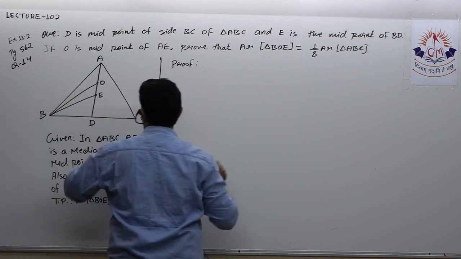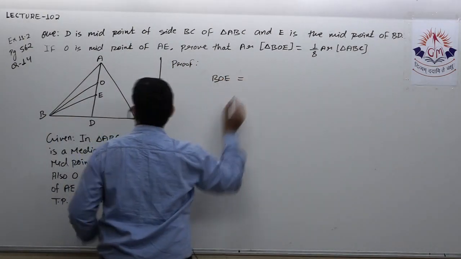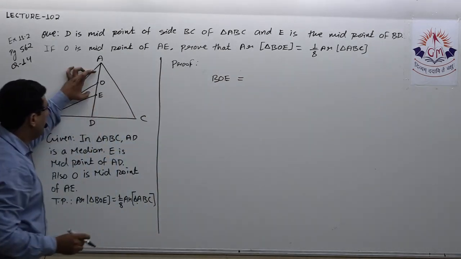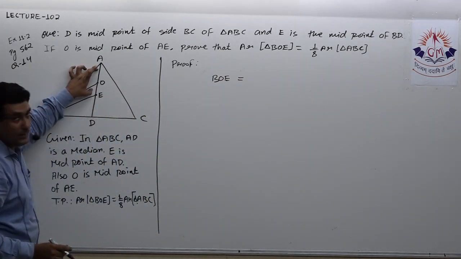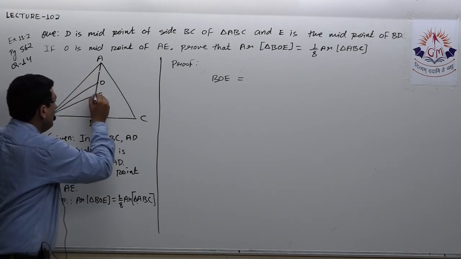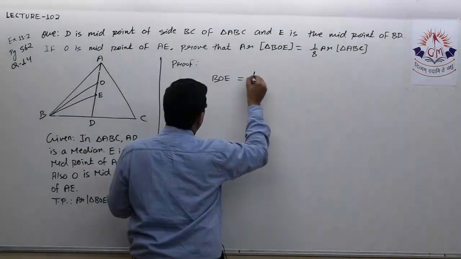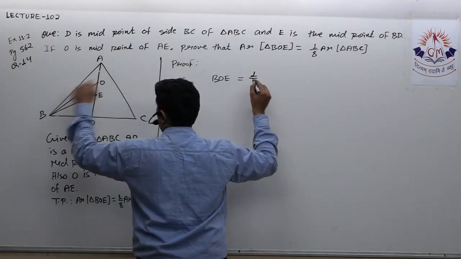First of all, if I write BOE, I know that O is midpoint of AE, that is BO is median, so I can write BOE is equal to half of ABE.